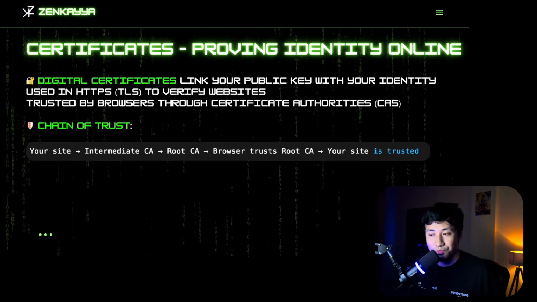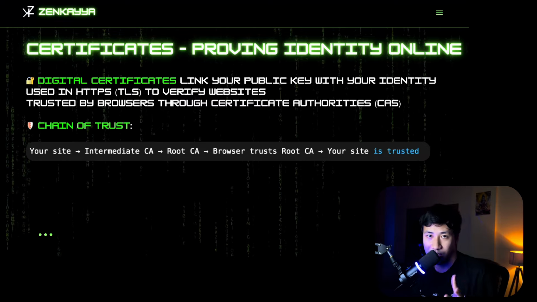They are trusted by the browser through certificate authorities, also known as CAs.